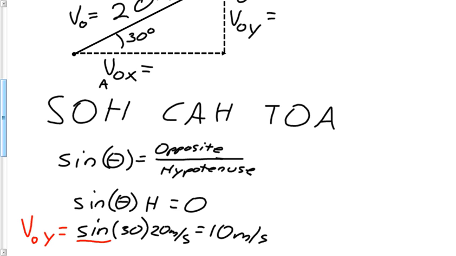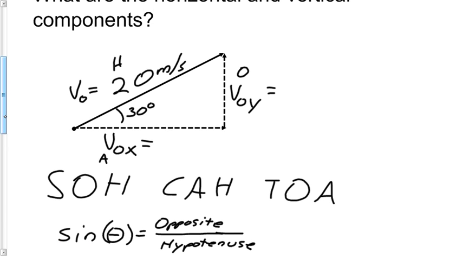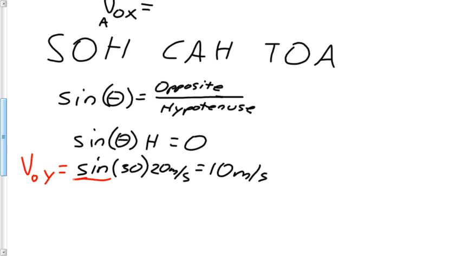Every single time you want to find the vertical, or the y component, the up and down part of that triangle, you use the sine. The sine of the angle times the hypotenuse will give you the opposite side.